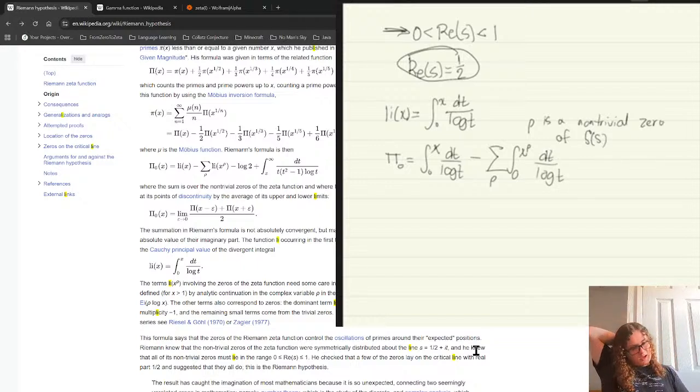That is insane. And then we're subtracting log 2, and adding this integral from x to infinity of dt over t times t squared minus 1 times log t.